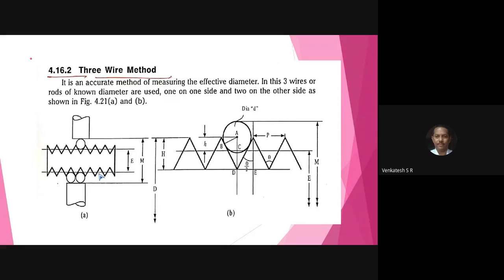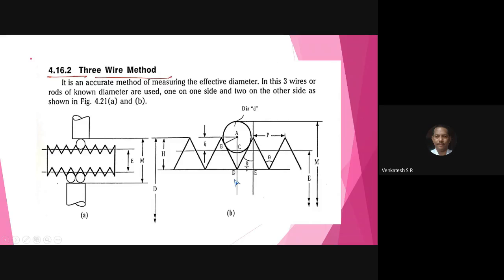Then you measure the major diameter, minor diameter, pitch of the thread by measuring the effective diameter and complete the experiment by using the diagram like this and complete the diagram A, B, C, D.